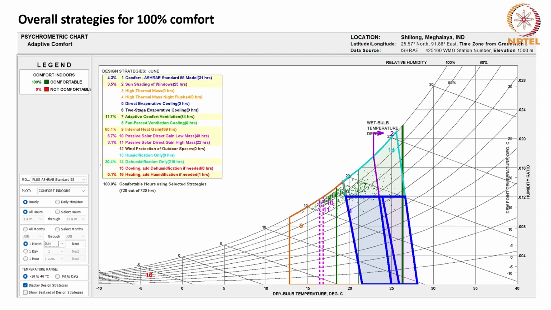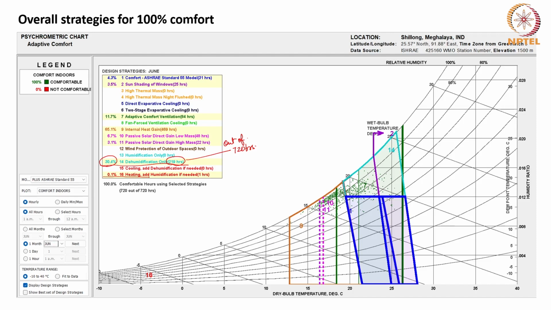So, for the month of June, just dehumidification will shift 219 hours out of 720 hours to comfortable mode. That is 30.4% of the time will become comfortable if you use dehumidification.